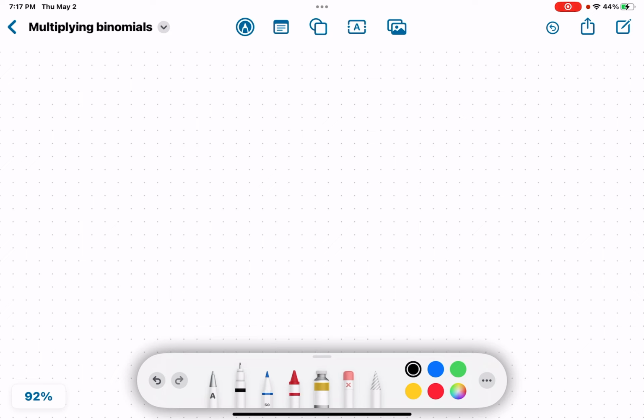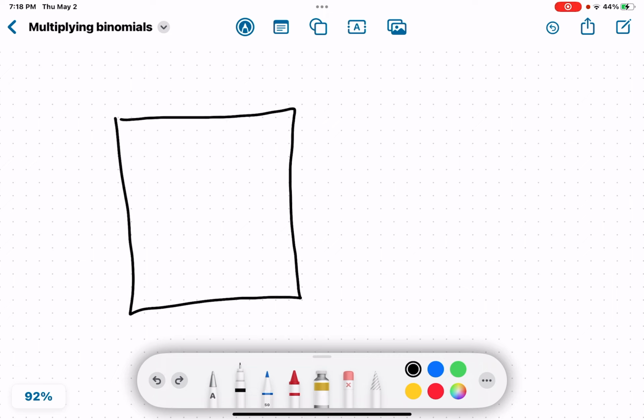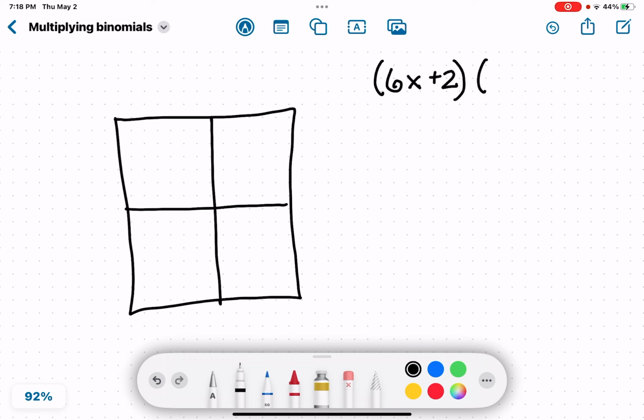Now, here we are going to use something that's like a Punnett square that you would use in biology. If you don't know what a Punnett square is, that's totally okay. Doesn't really matter in this instance. So let's use those same pairs that we used earlier. 6x plus 2 times 5x plus 3.